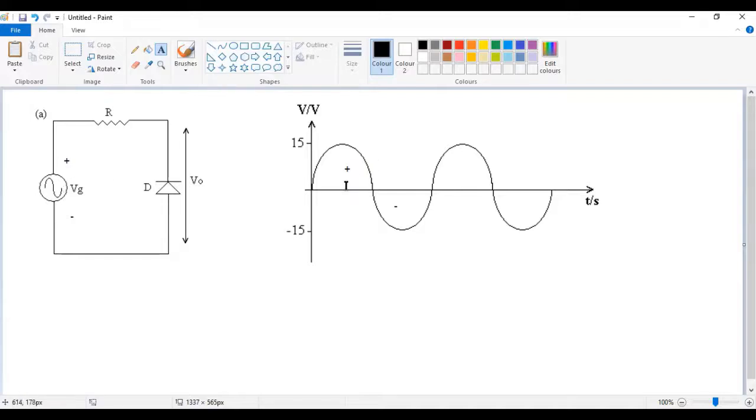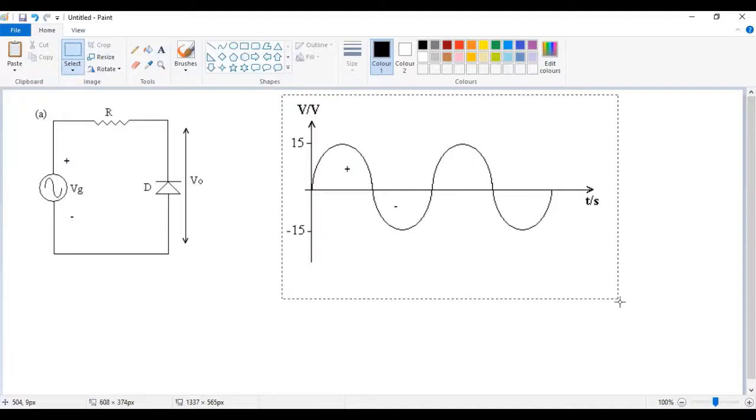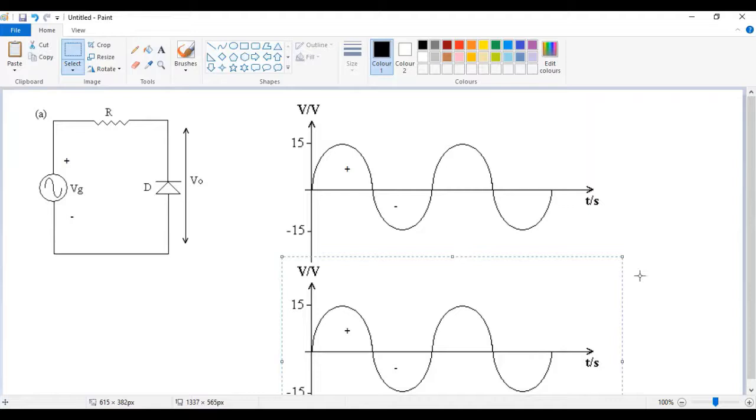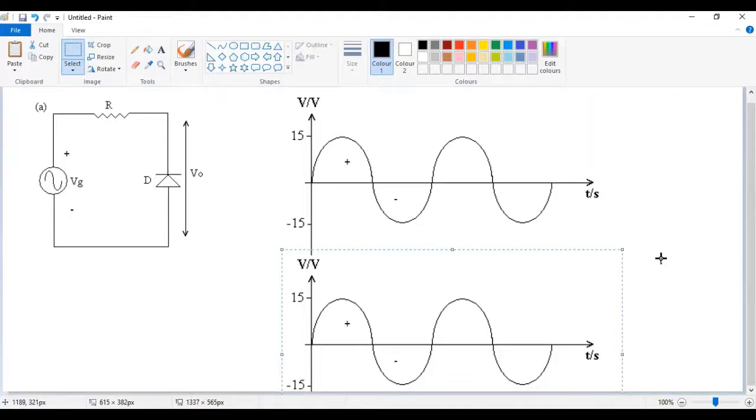So in a way, if I just copy that down and show you how the output waveform will look. Yep. So it means we're going to maintain this part. So this part would appear across your output.